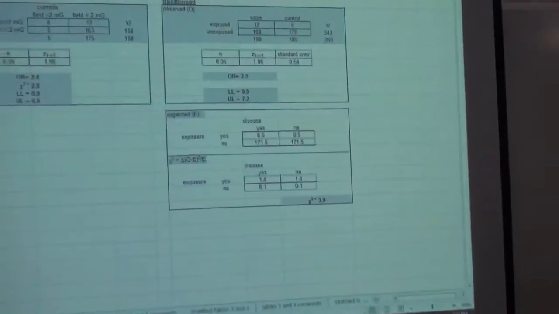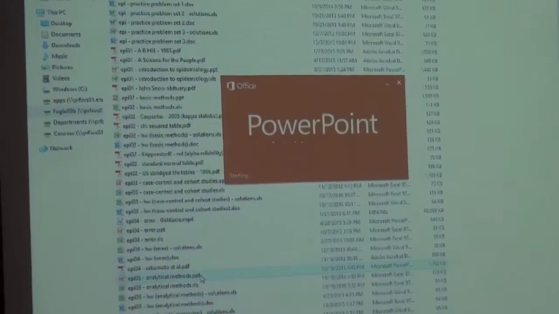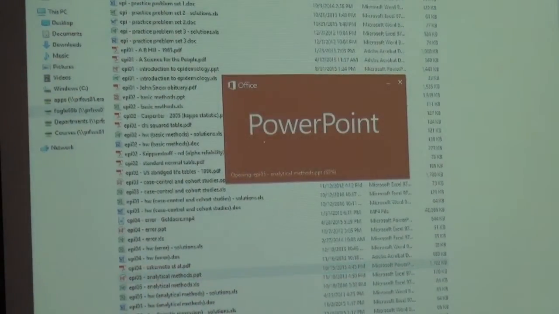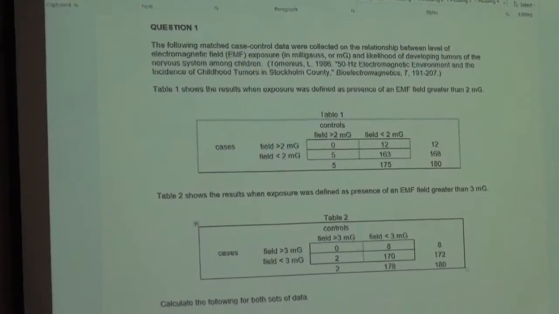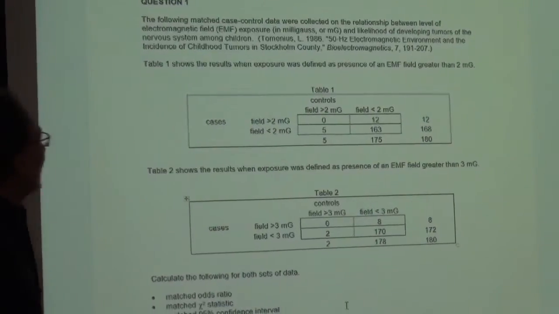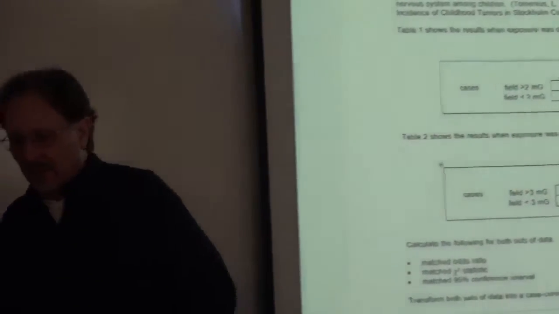Now let's look at the first exercise in analytical methods, because we will be talking about analytical methods more today, finishing it up. This is from a real study conducted in Sweden about exposure to EMF, and they did a matched case control study.